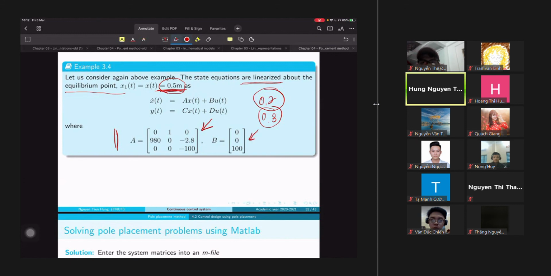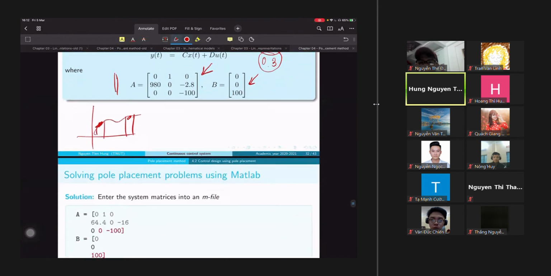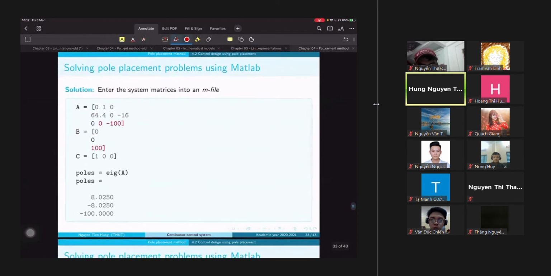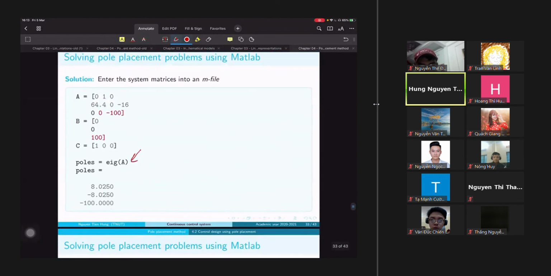But here we assume that we are working at this point or this point, so you can linearize at this point only. Then we get these matrices.